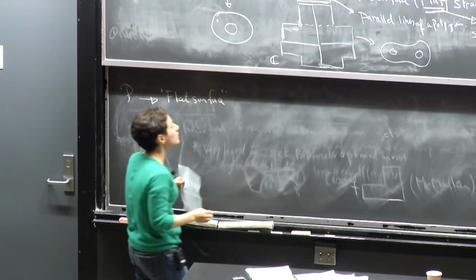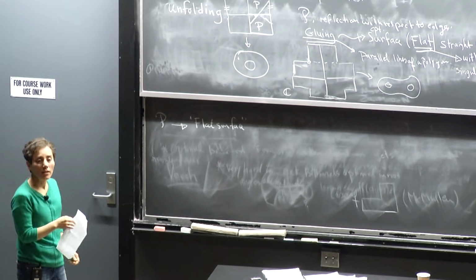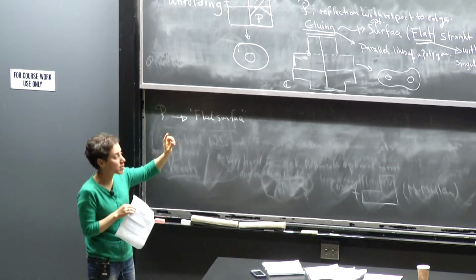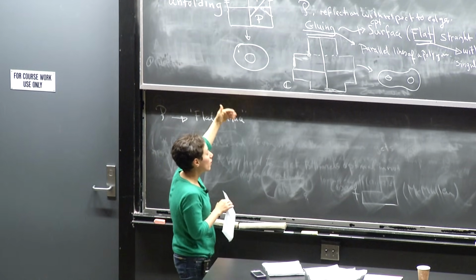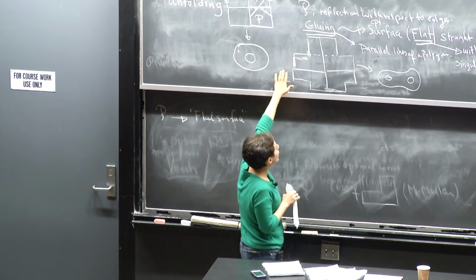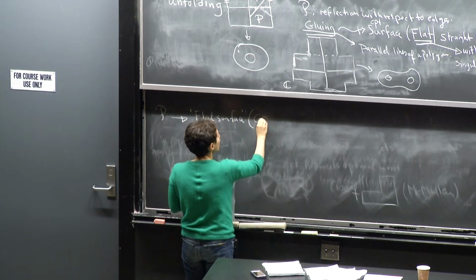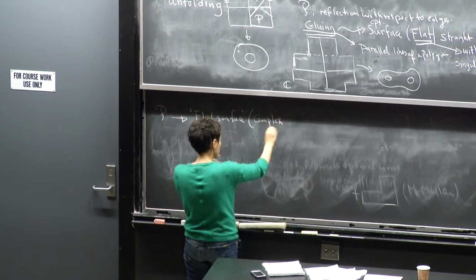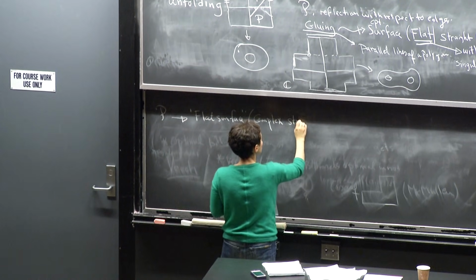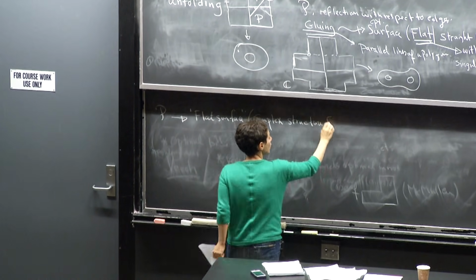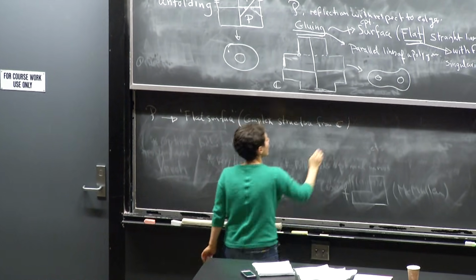And in fact, it comes with a complex structure, because all you're doing is gluing parallel edges of some polygon. So it actually comes with the complex structure from C.